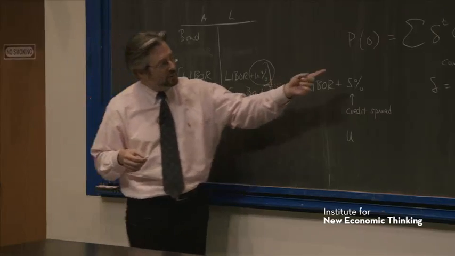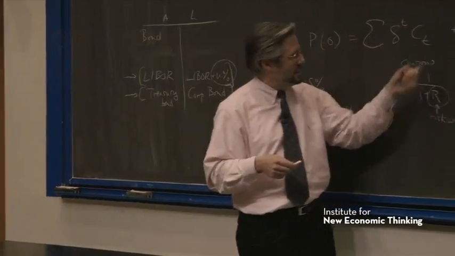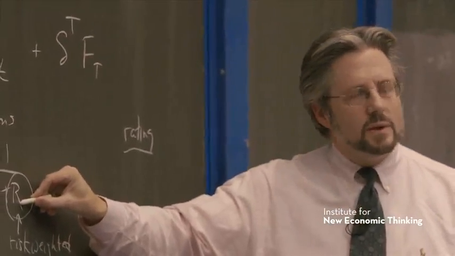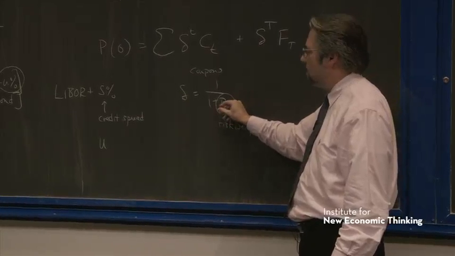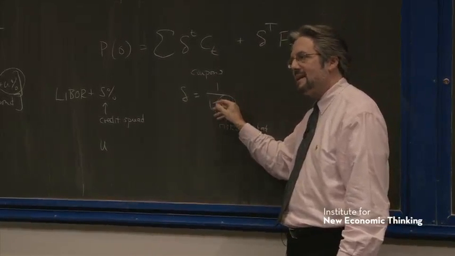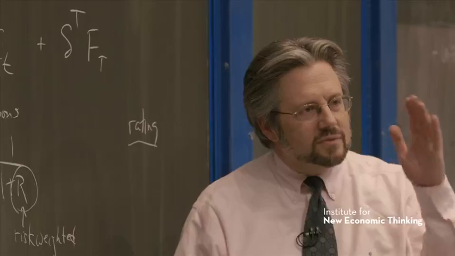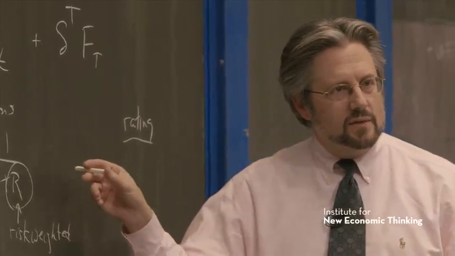Remember, I told you why the bond price changes: whenever the warranted discount rate changes. The same will be true of CDS. The value of CDS is going to fluctuate with the value of the bond.